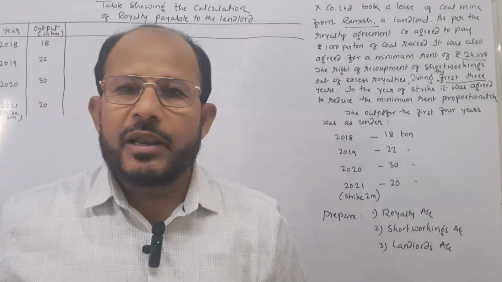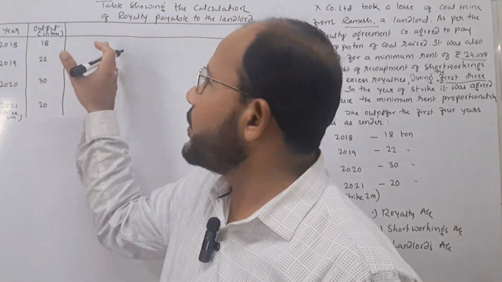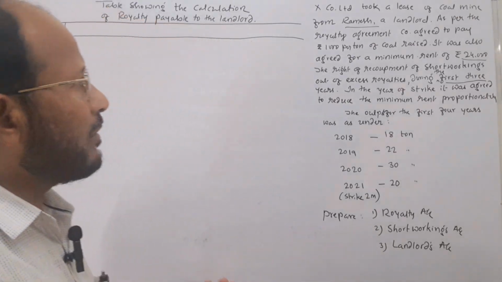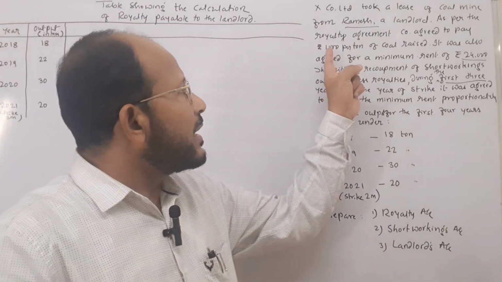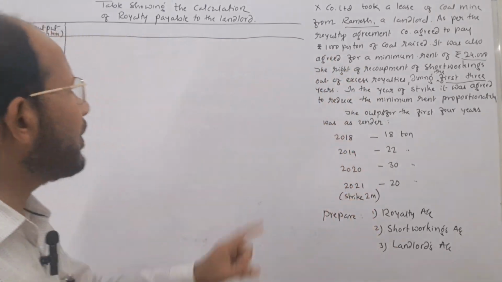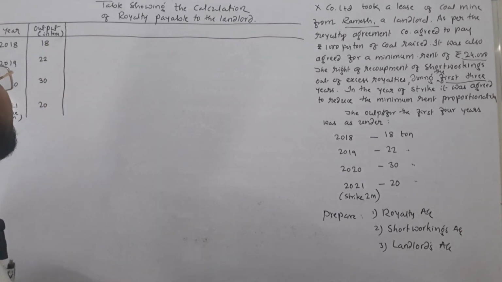As I told you earlier, see after this, the next important column which we need to put here is the actual royalty. How to calculate actual royalty? Here royalty per ton is given in the problem. Rupees 1000 per ton is given. Therefore, that rate we have to apply to the tons of materials extracted.